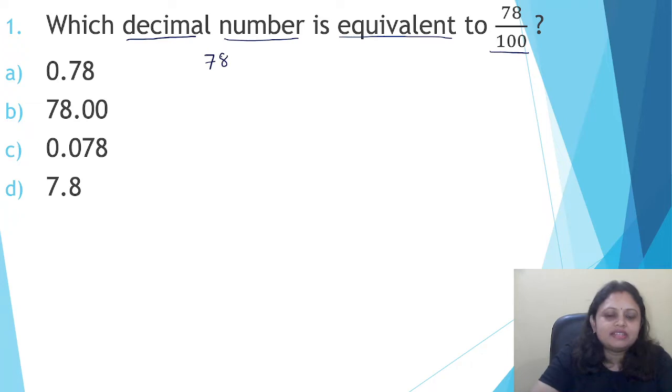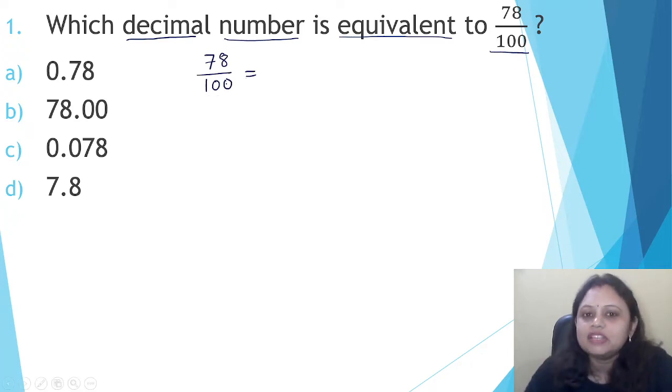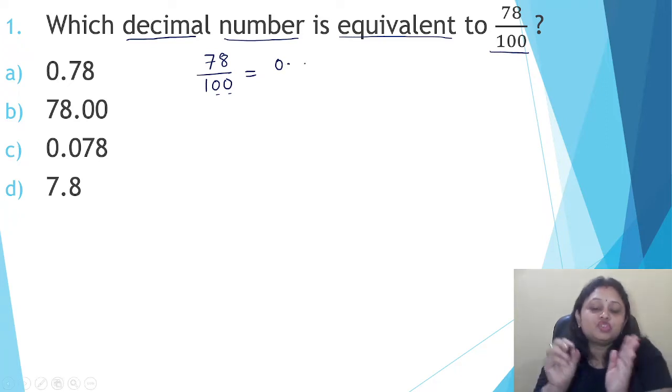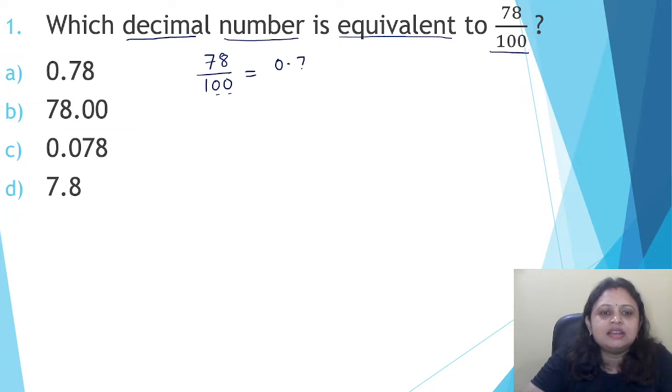After 1, how many zeros are there in 100? After 1, 2 zeros are there. That means after point, we should write two numbers. And what are those two numbers? These are 7, 8. Okay, so the answer is option A 0.78.